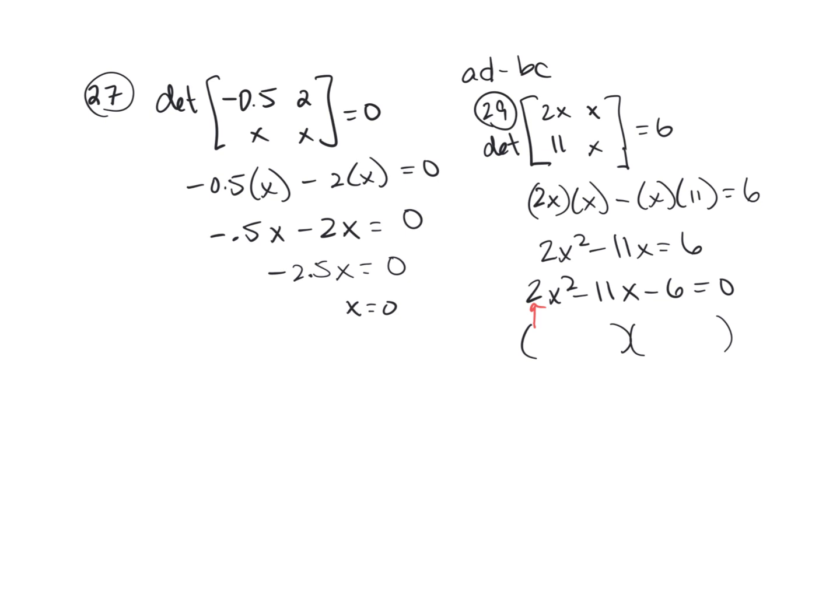I can't pull out a greatest common factor, so I'm going to have 2x and 2x. Then I'm going to have minus 6 and positive 1 equals 0. How did I do that? I've been doing this for 40 years, so, you know, I started doing this in 7th grade. So that's how I know how to do that.